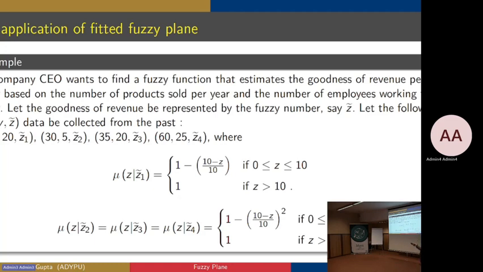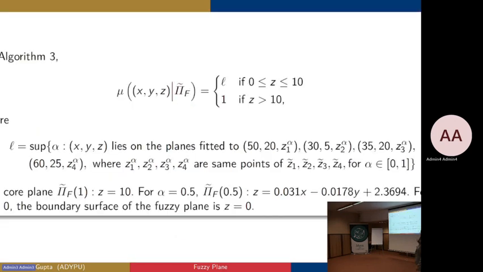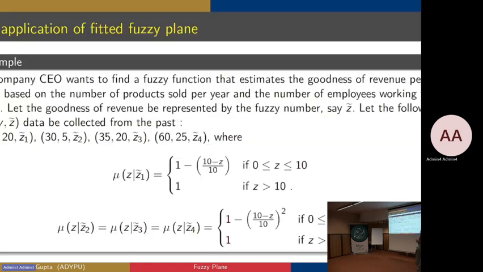Now how can we predict about the future or any other time? At that point we need a fuzzy plane. So by the algorithm, based on the given previous data, we have found this fuzzy plane which passes through the given data. Here we can see that in that data X and Y are crisp points, but Z1, Z2, Z3, Z4 are fuzzy numbers.